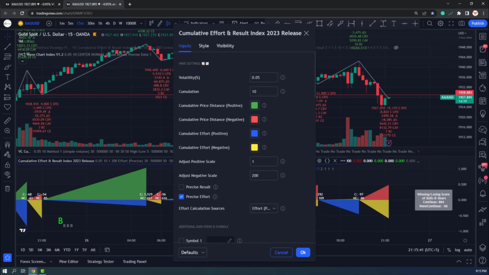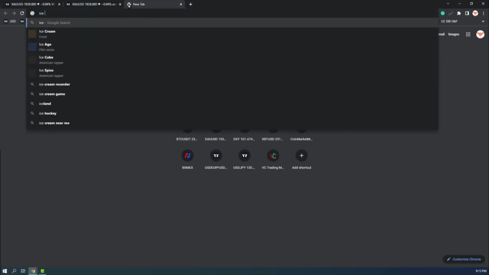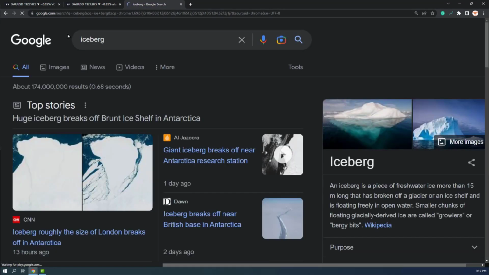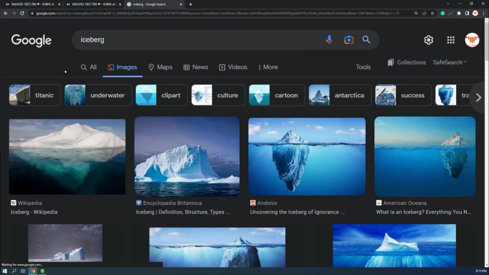Okay, let me show you iceberg. Let me show you images so that you can have an idea. You see here, these are rocks in the sea.